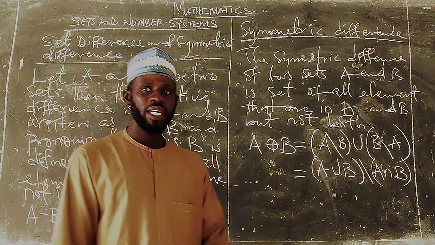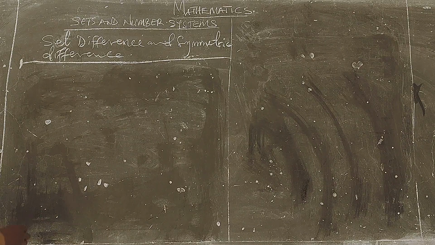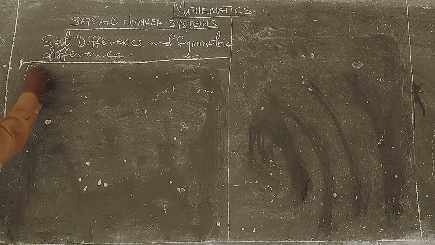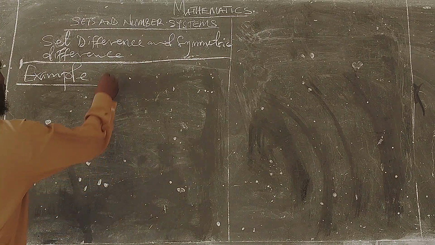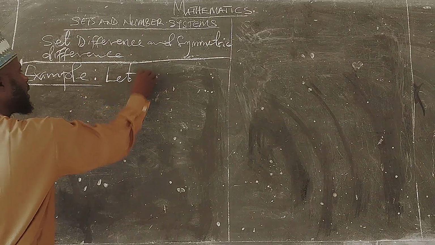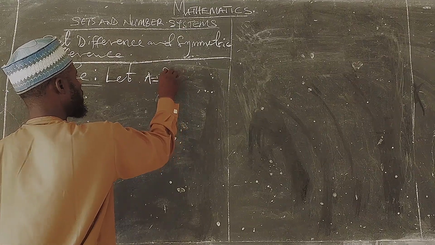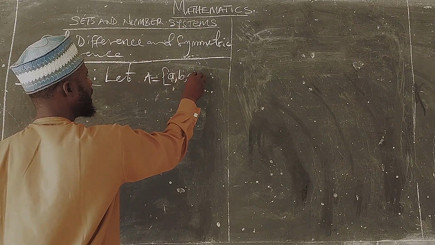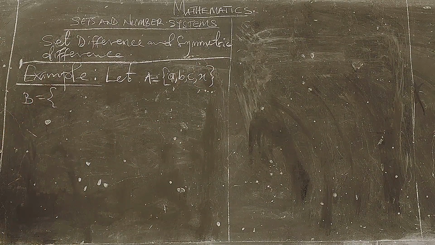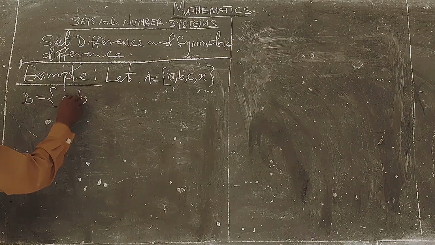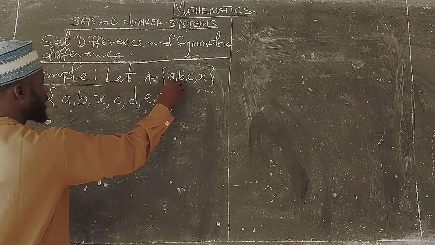So it's now time to take an example that will discuss this issue in detail. Example. We let A equal to the set containing a, b, c, x, and then B we define as a, b, x, c, d, e, and z.